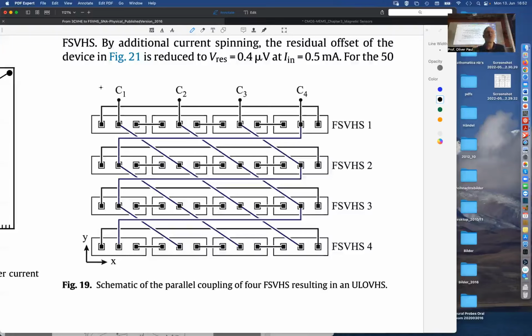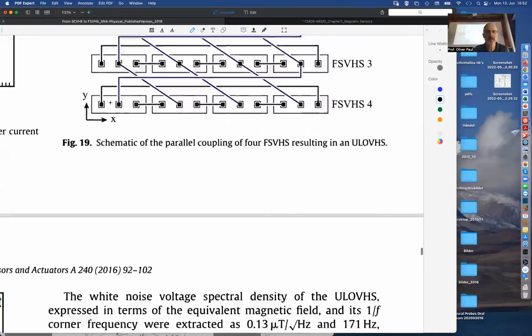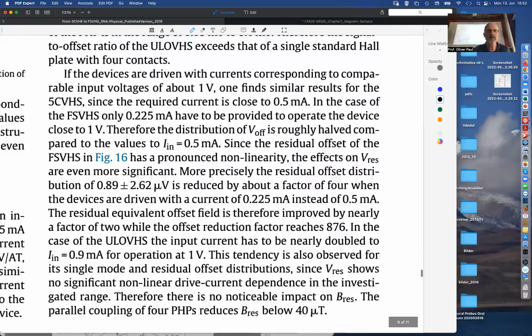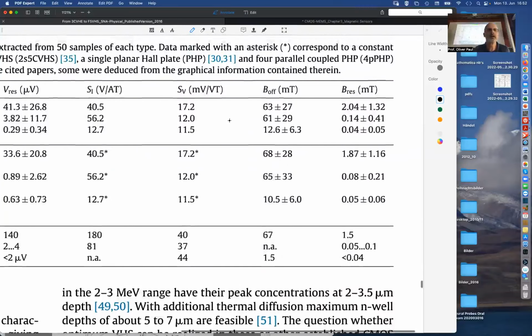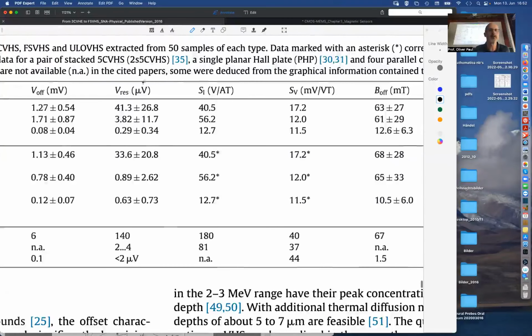So maybe this helps, and it seems to help, at least in the table. Where's the table? We see that the residual offset is decreased yet by a factor of 10. So by just some design implementation, based on understanding of what the drawbacks are, we could improve the sensor by a factor of 100 with respect to its offset.